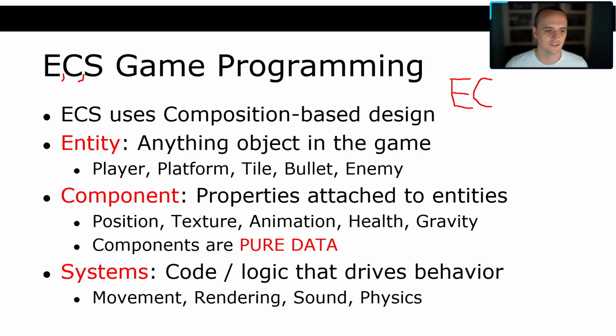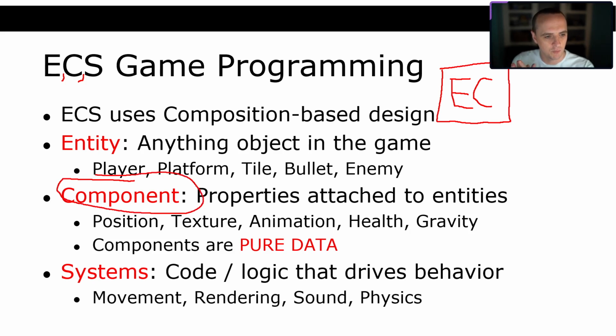The difference is that in EC architectures, components contain logic. So your component classes in an EC system might contain, for example, the code to update the position of that component. However, in pure ECS, if I can use air quotes, components are pure data and contain no logic.